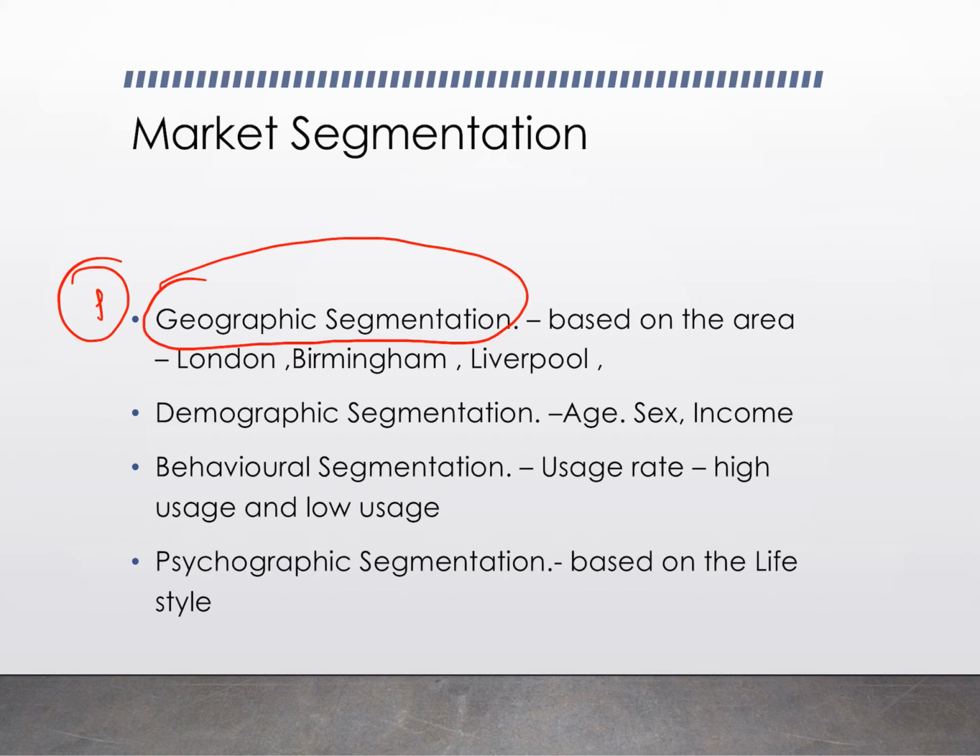How? London, Birmingham, Liverpool. I'm dividing based on geography. You might think to focus only on London because your customers are based only in London, or you can divide based on countries. Geographical segmentation is all about dividing based on the region.